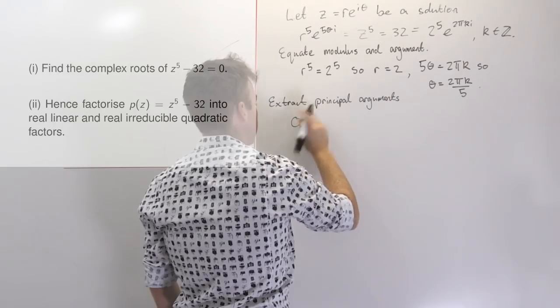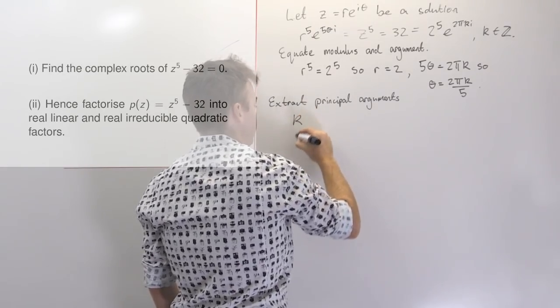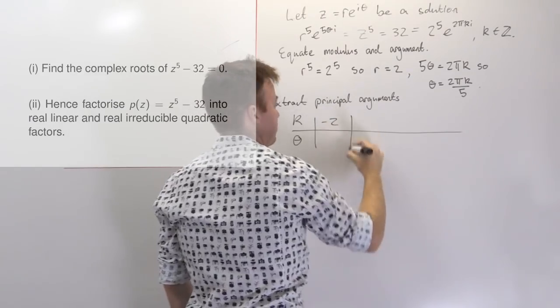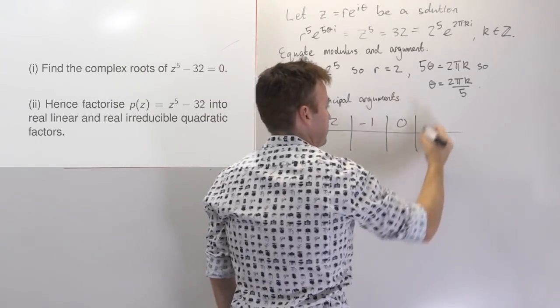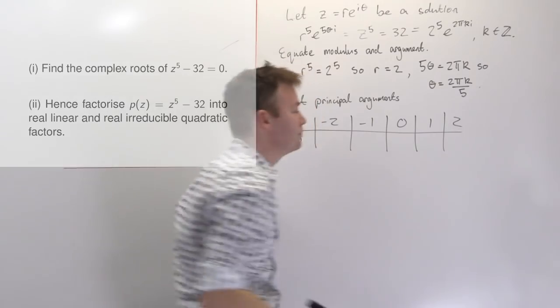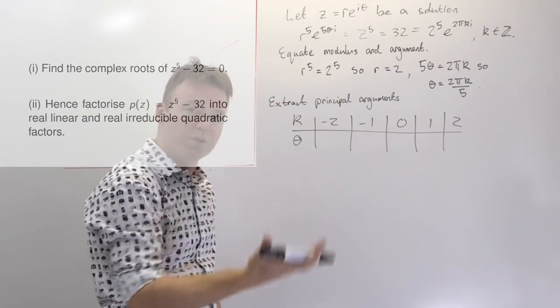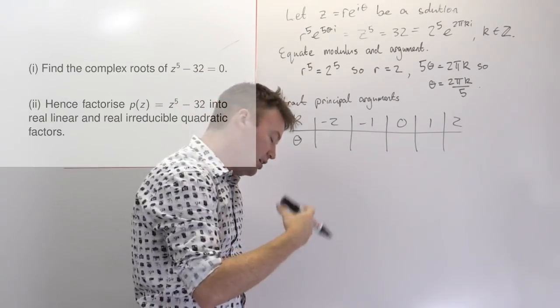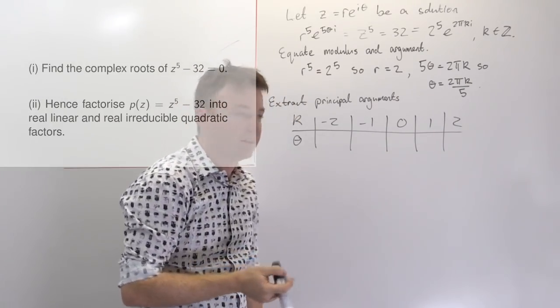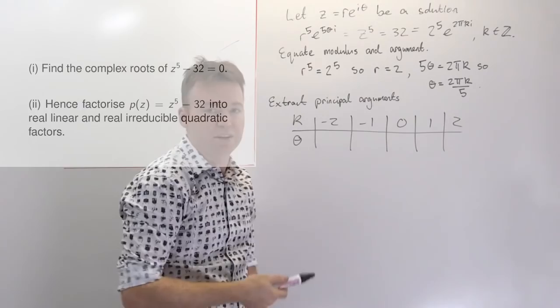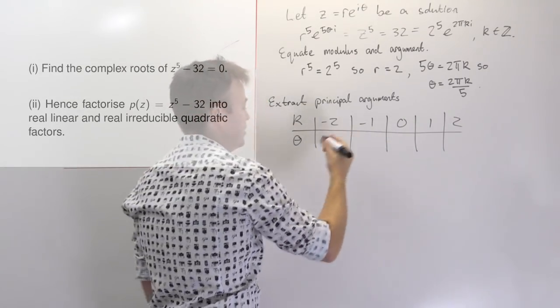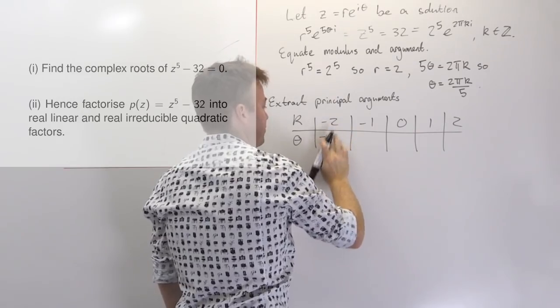Well, let's just choose some values of k and theta. Choose small values of k. Any 5 values of k will do, but you'll have to do some winding potentially, and it's just easier if you straight up choose the small ones, and by small I mean centered around 0. So when k is minus 2, that's minus 4.